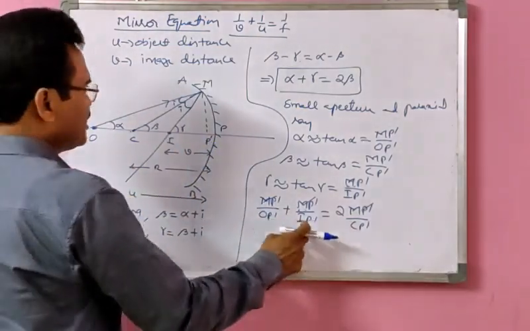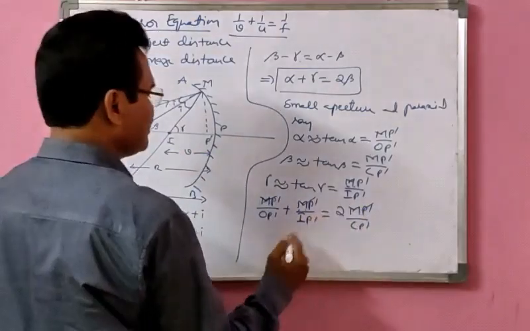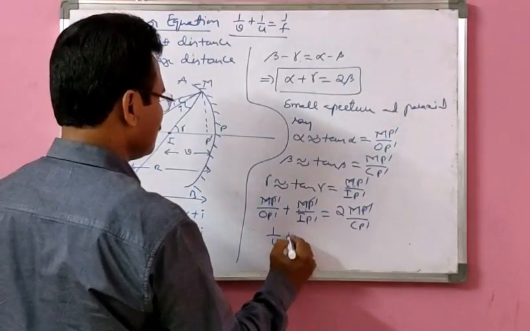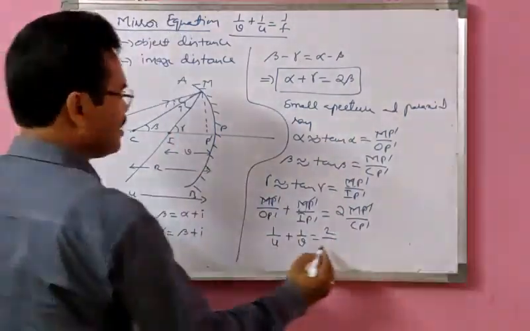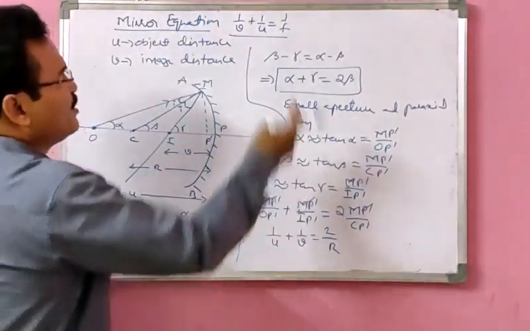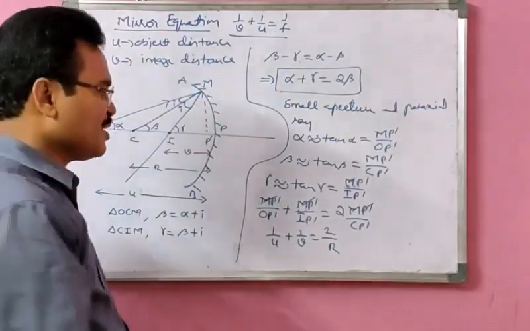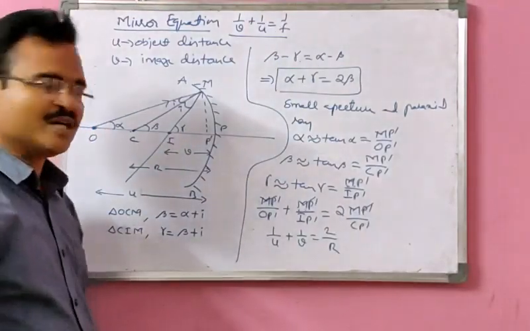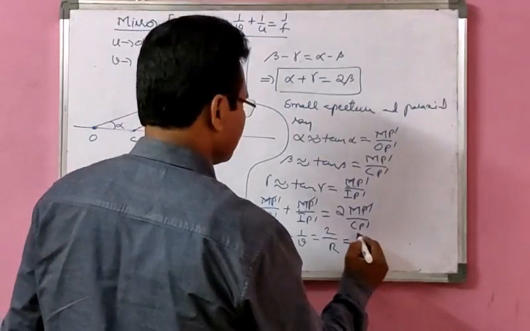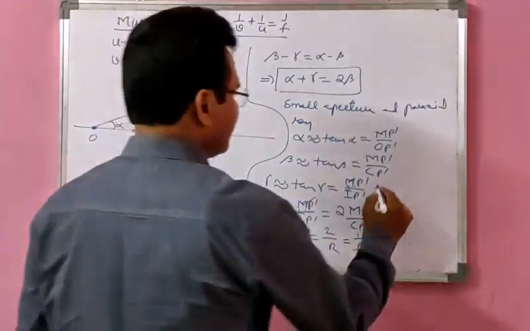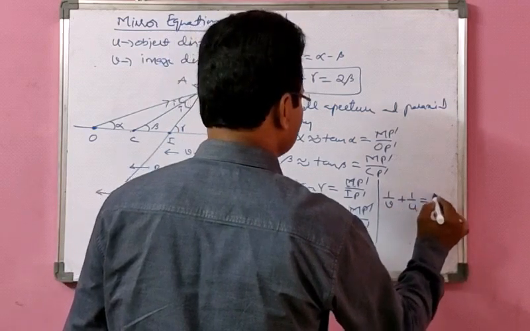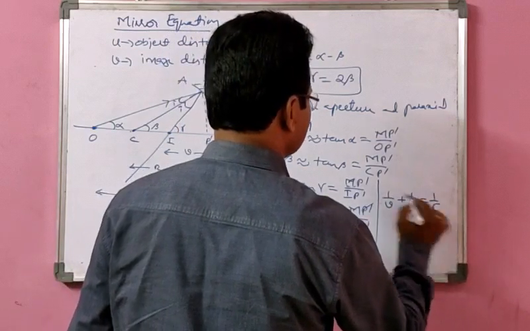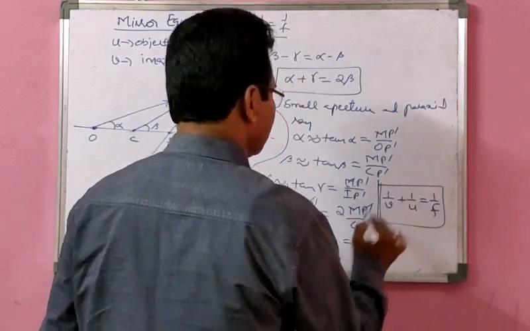U. And IP dash is what? V. And CP dash is what here? R. But we want 1 by F, and just now I derived that F equal to R by 2. So we got the relation as 1 by V plus 1 by U equal to 1 by F. So this is the expression we got here.